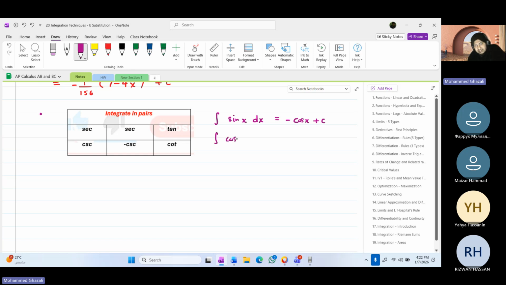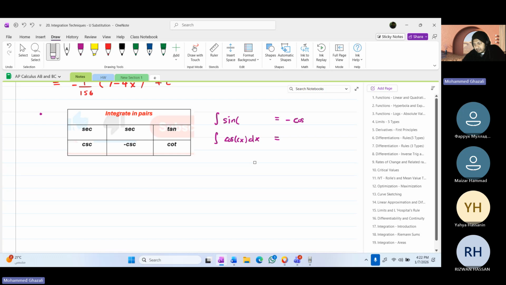Integral of cos x dx is equal to, actually not cos x, let's generalize this form. Let's call it sine mx, sine of mx dx, right? Cos of mx dx. Right. Okay, so I need to say this is, why did I use a c? Let's call it m.